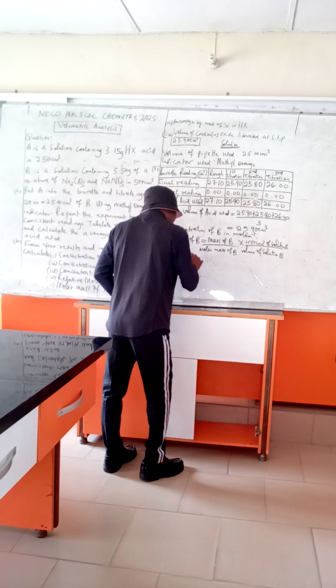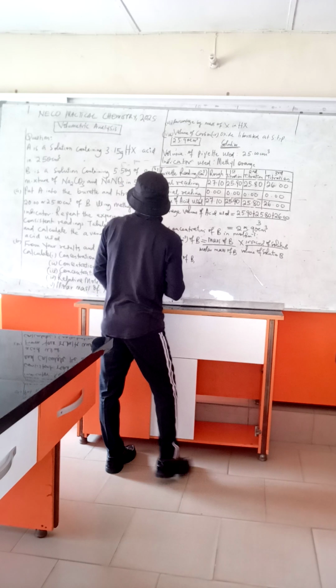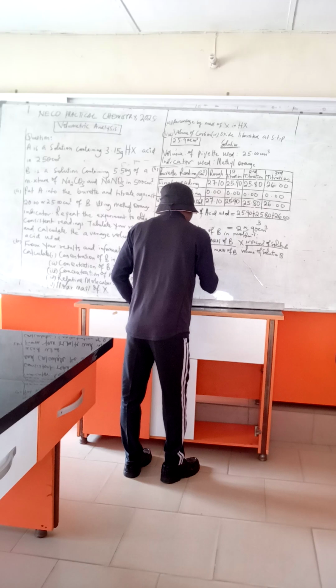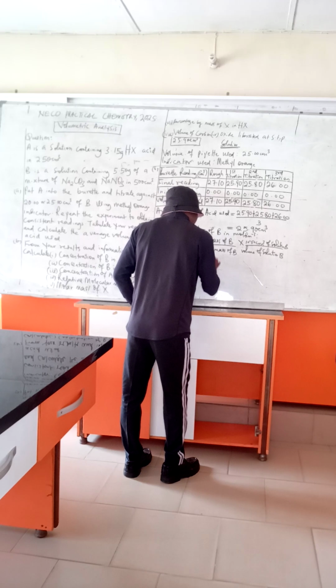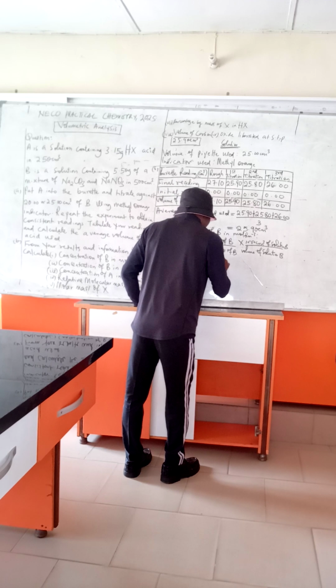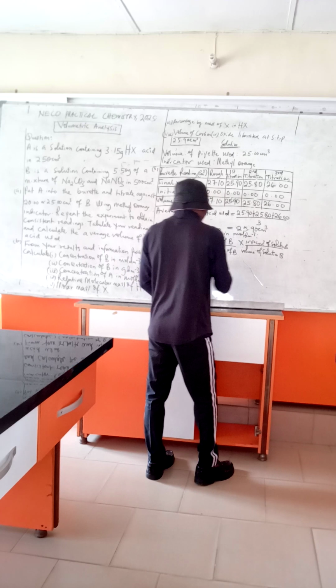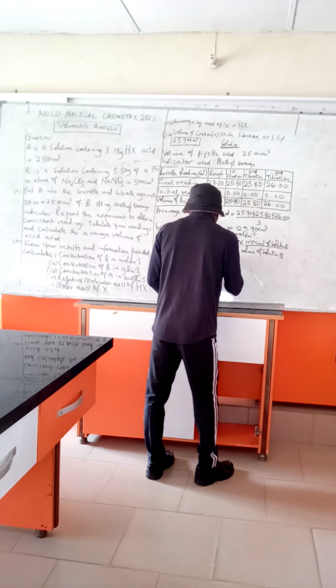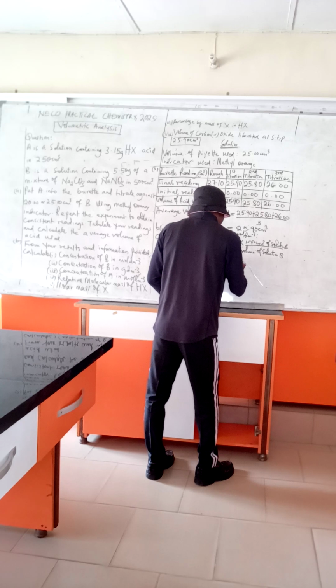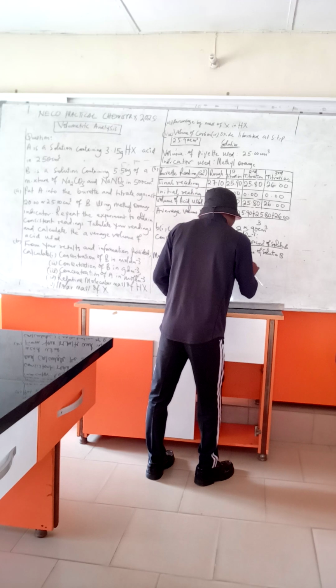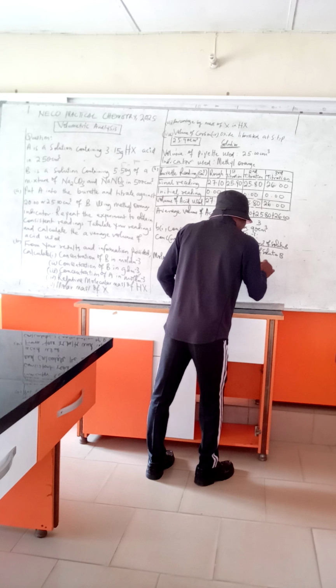Molar mass of B. Our B is out of the mixture: Na2CO3 reacted, and NaNO3 remains as impurity. So we calculate the molar mass of sodium carbonate as 23 times 2 plus 12 plus 16 times 3.